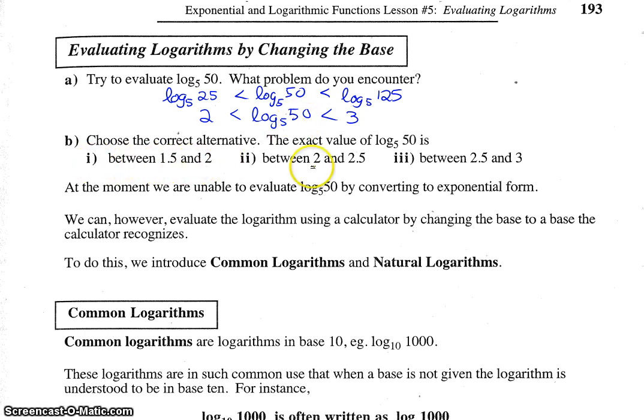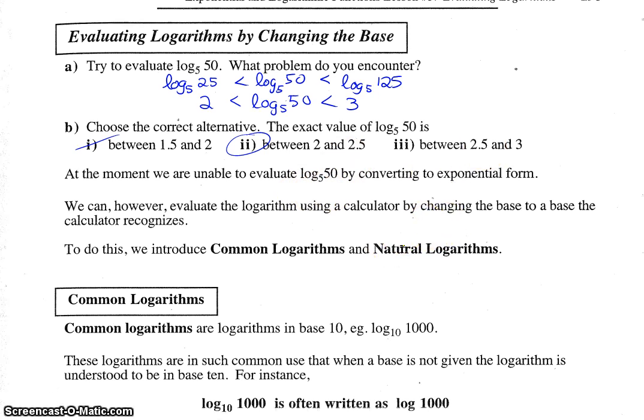Now, choosing one of these choices they've given below, definitely not between 1.5 and 2 because it has to be between 2 and 3. But the question is it closer to 2 or closer to 3? Well, I'm thinking because 50 is a little closer to 25 rather than 125, I would probably choose that it's between 2 and 2.5. Okay, we're going to learn how to do that on the calculator in, well, in a few minutes, if not less.